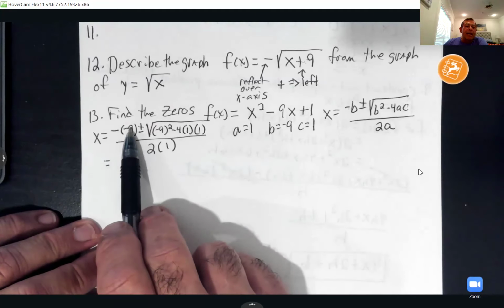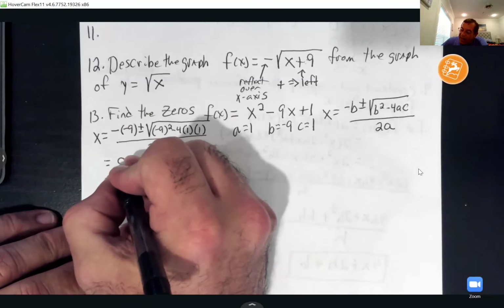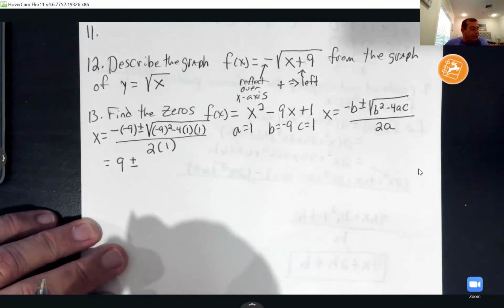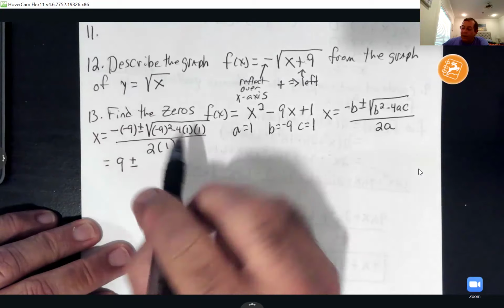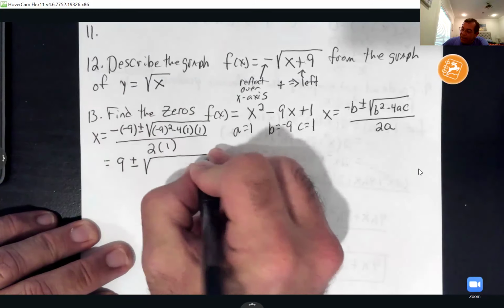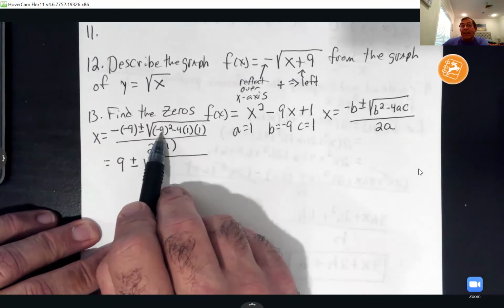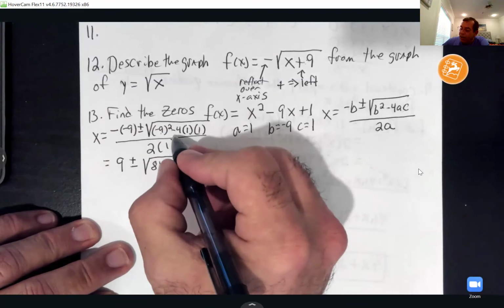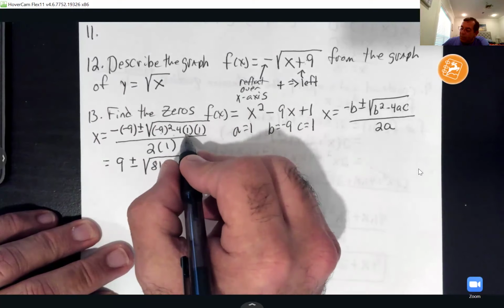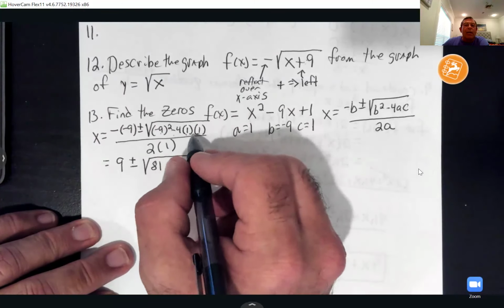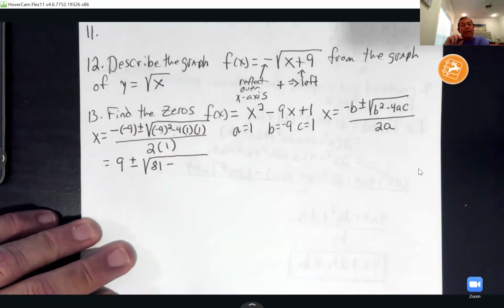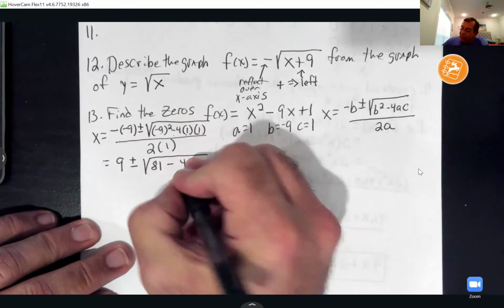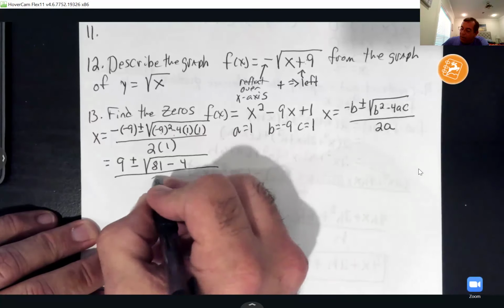A negative times a -9 makes that a +9 plus or minus, under this radical, let's see what we got. -9 times -9 is 81. And y'all look here, -4 times 1 times 1. There's only one negative over there. That's going to stay negative. And then 4 times 1 is 4, all over 2.